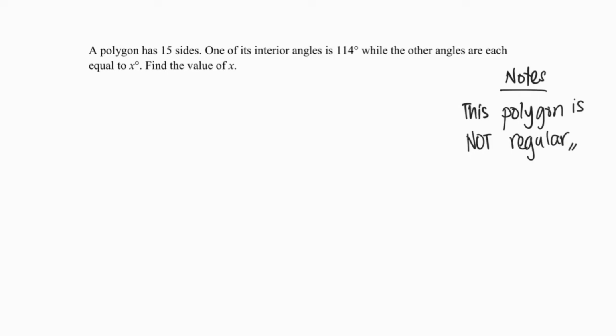So then now they tell me one of the interior angles is 114. Other angles are x. 15 sides means 15 angles. One of them is 114.